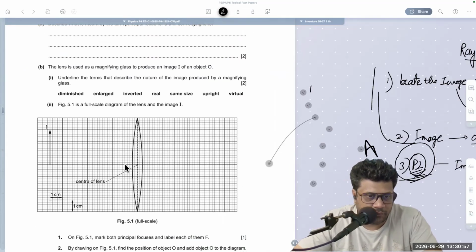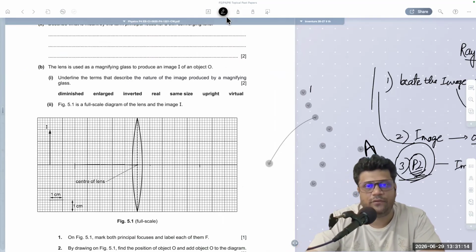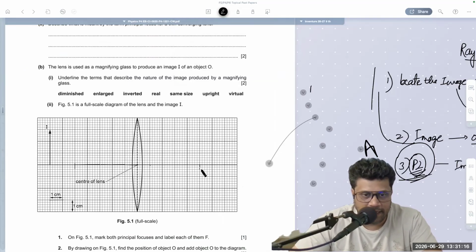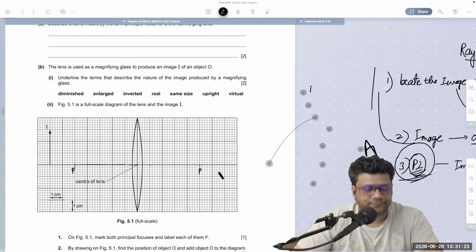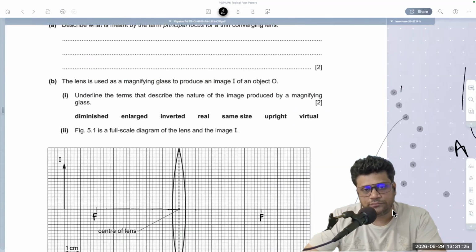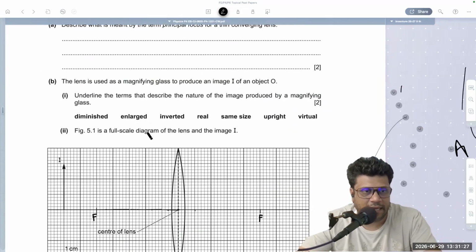So there it is: 1, 2, 3, 4, 5. That's where the principal focus is. 1, 2, 3, 4, 5. That's where the other principal focus is. I'm going to label them F. So that is our first thing to do.